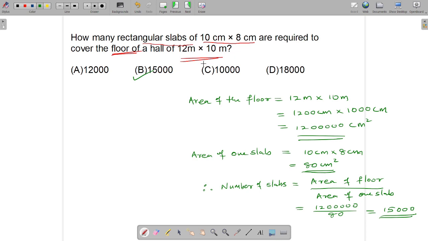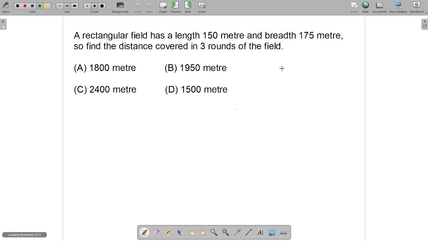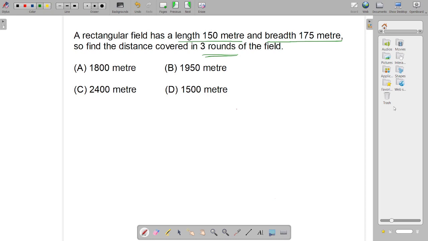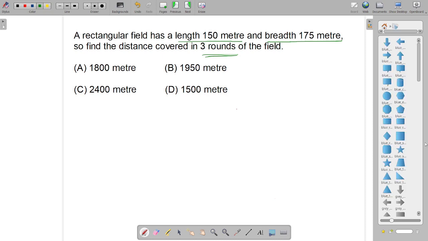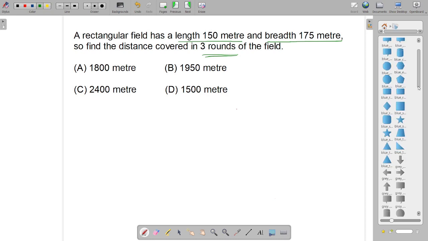Now let us discuss the next question. A rectangular field has a length 150 meter and a breadth 175 meter. Find the distance covered in 3 rounds of the field. So there is a rectangle. Let's have a rectangle here.